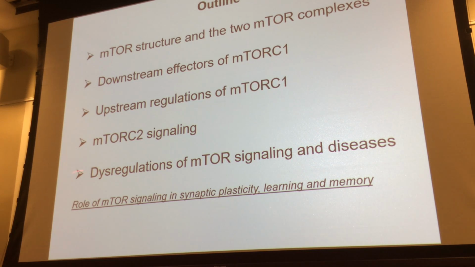Finally, in the last part of my talk, I'm going to talk to you about the connection, or the association, I would say, between mTOR signaling impairment or dysregulation and some of the diseases. Again, as I said in the beginning, in the signaling stuff, the downstream and effects, we're going to talk a lot in the context of the role of mTOR signaling in neuroscience.